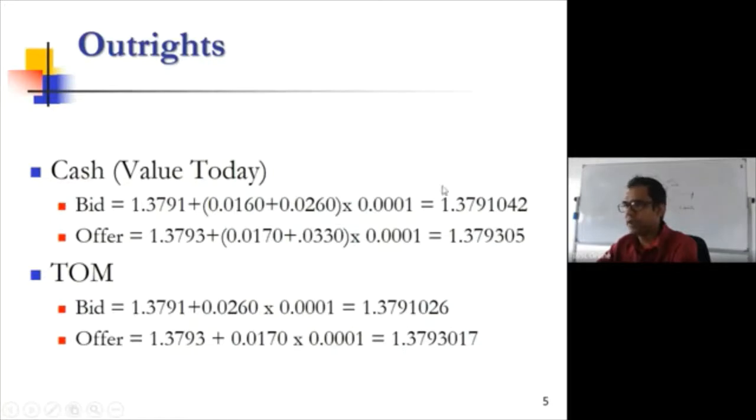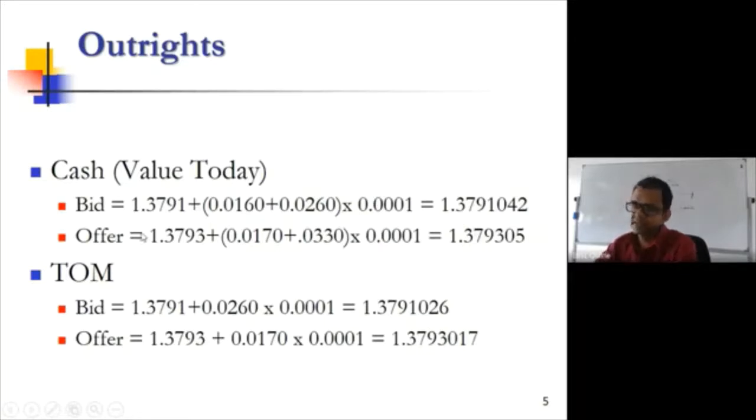This is the bid of the cash rate. To get the offer side, this is the spot offer rate, and these are the swap points, Tom next and overnight, but bid rates. Once you do this adjustment, you get the cash offer rate.